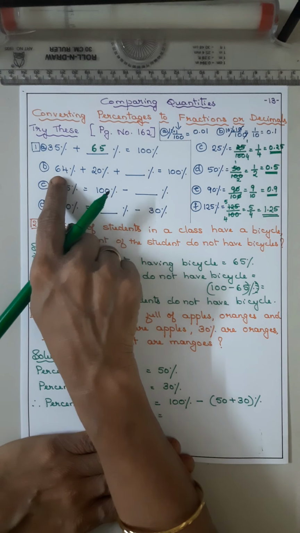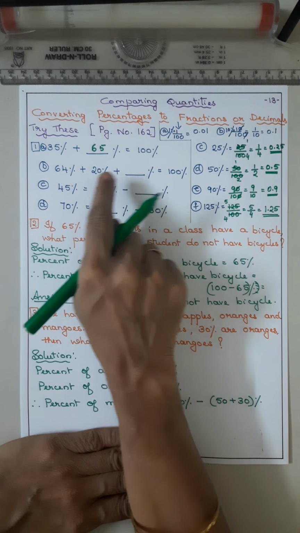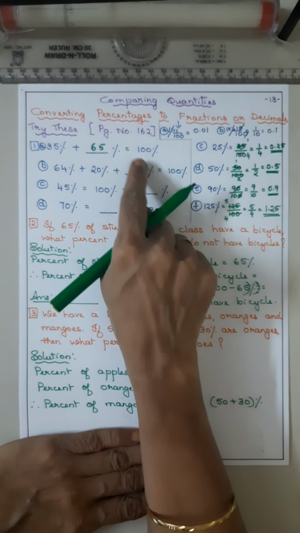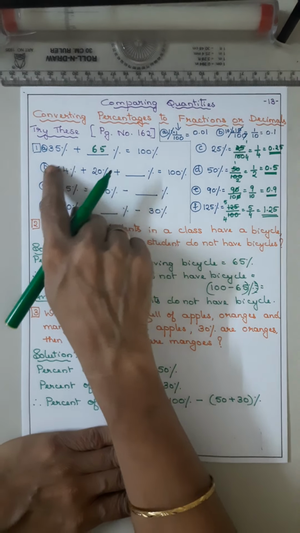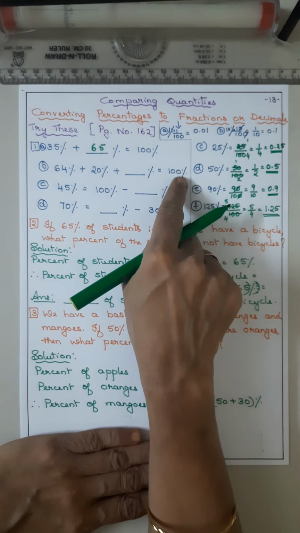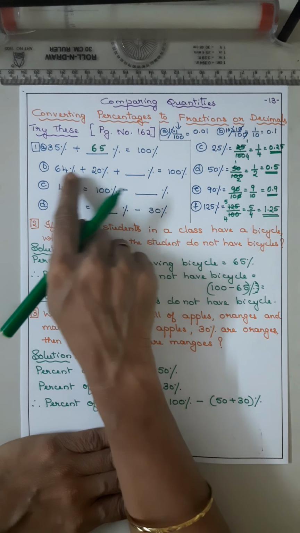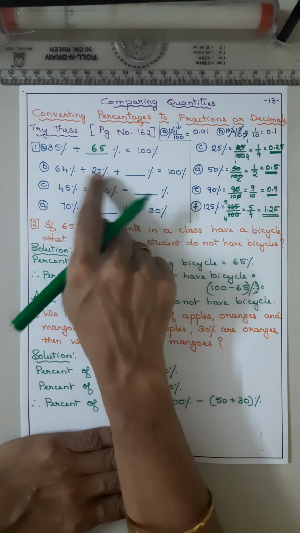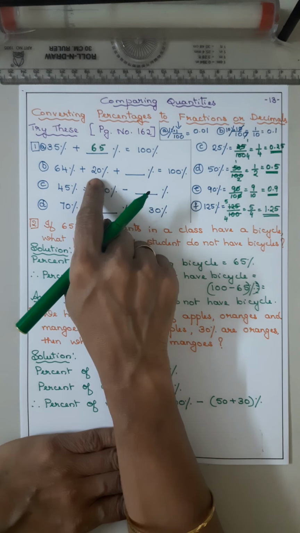Now 64% plus 20% plus how much is 100%? To get this, what do we have to do? Add these two and subtract from 100. Now 64 plus 20 will be 84%.